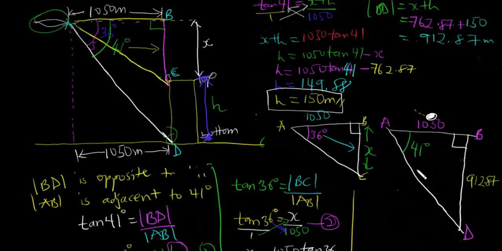To find the hypotenuse, that is AD, I can use this side, or I can choose to use this side. And of course, I'm going to use the 1050.